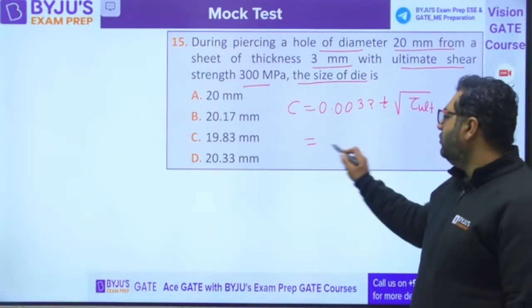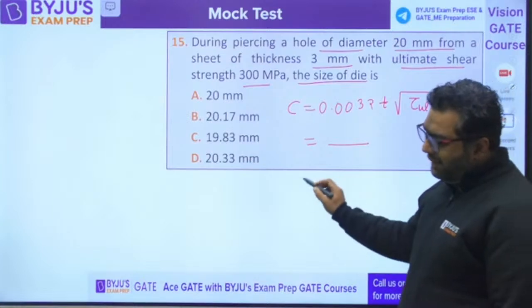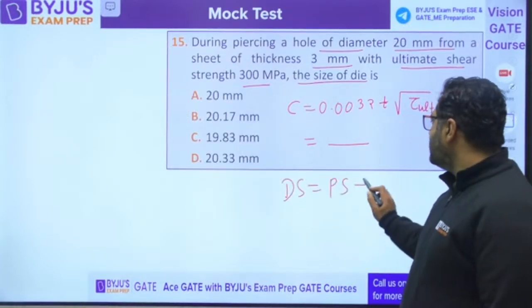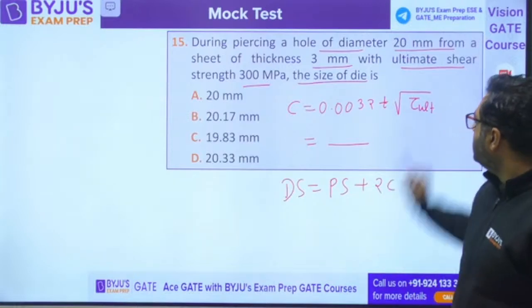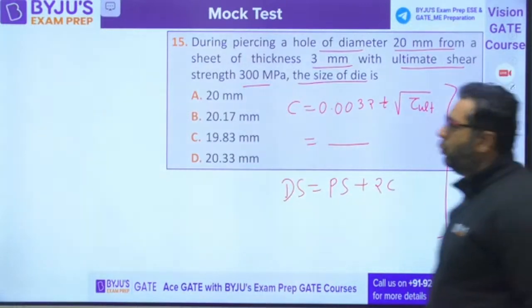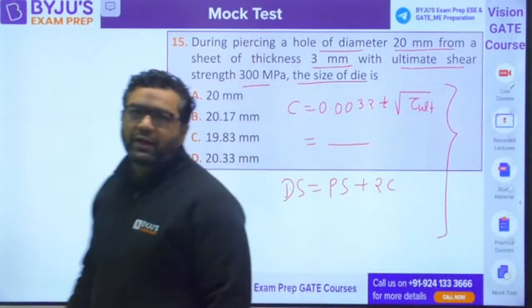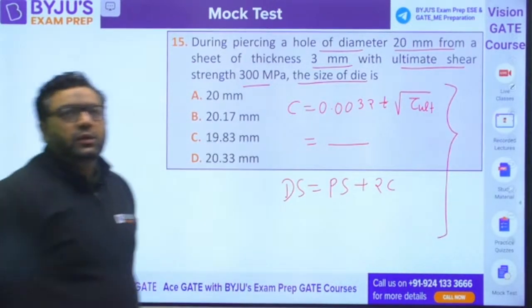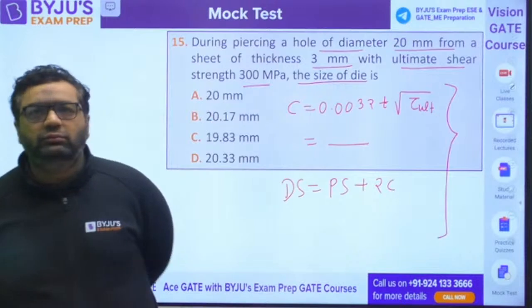This will give you the value of clearance, and then you know that die size is punch size plus 2 times the clearance. This is what you need to do. Very good question it is. This type of question can come in the exam. Solve it and get the answer.